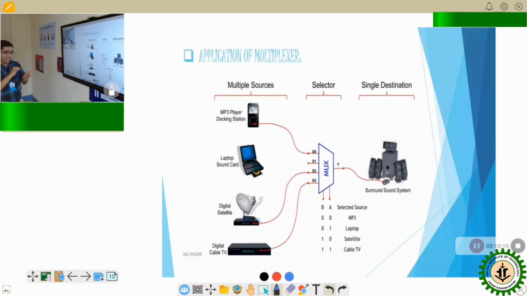That means when both inputs are 0, the MP3 will be connected to the data input line D0. Similarly, 01 for laptop, 10 for satellite, and 11 for cable TV.